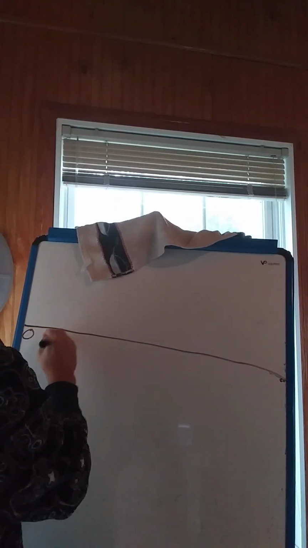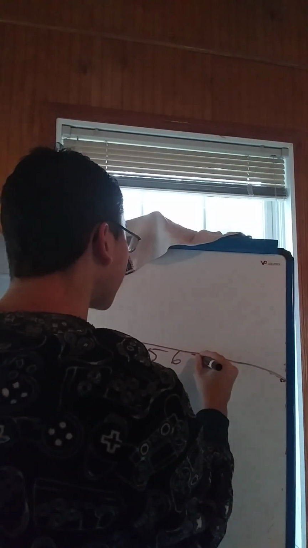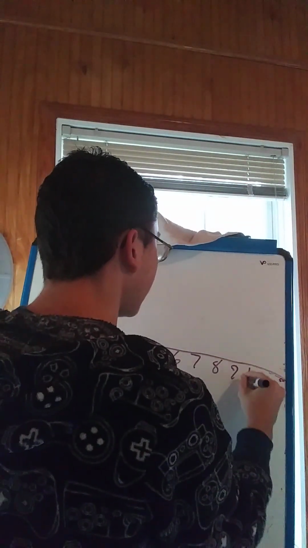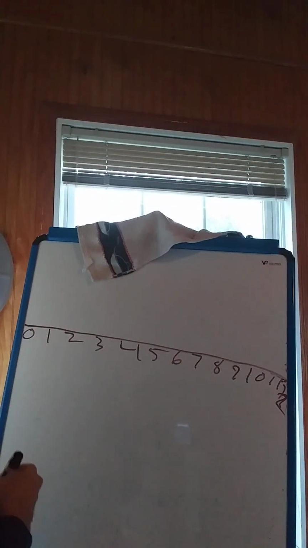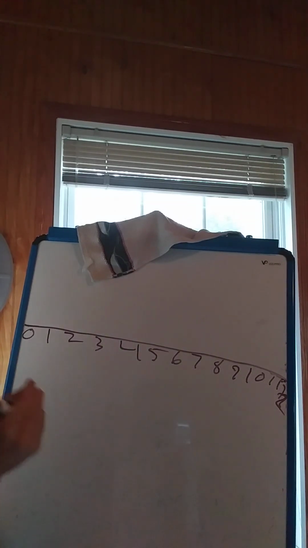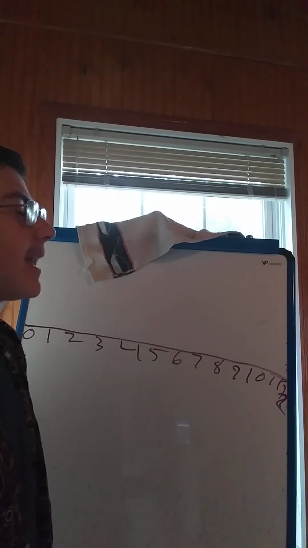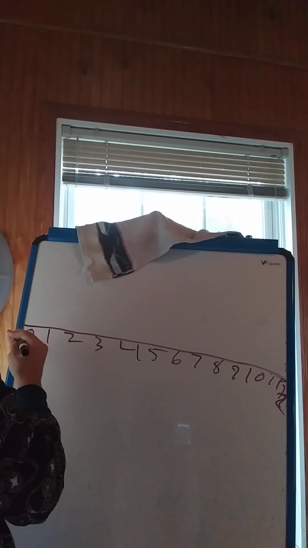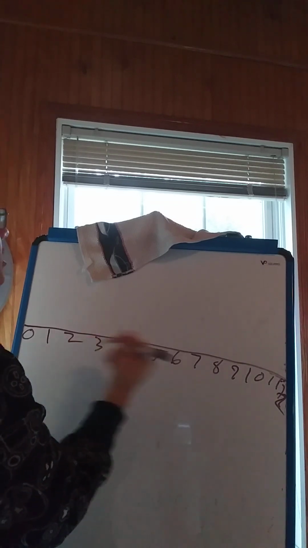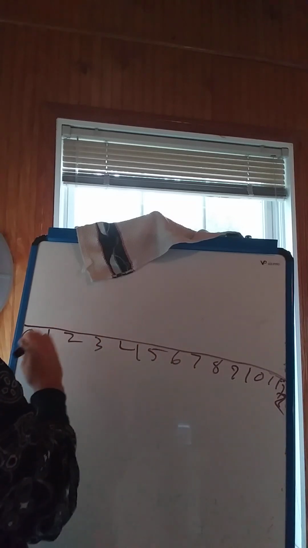So 0, 1, 2, 3, 4, 5, 6, 7, 8, 9, 10, 11, 12, and it just keeps going further in that direction. A number is bigger than another number if it is a further distance away from 0. So 2 is only 2 places away, and 5 is only 5 places away from 0.